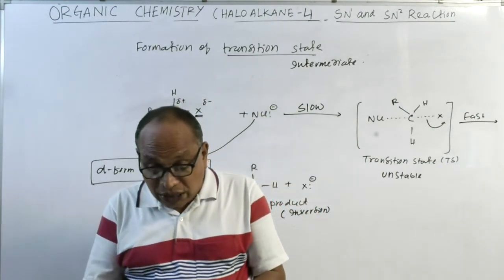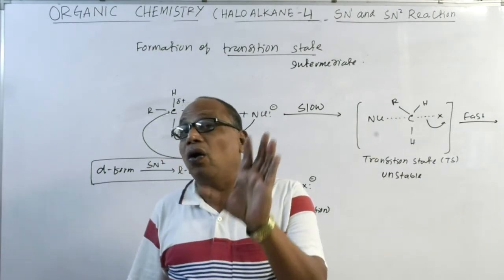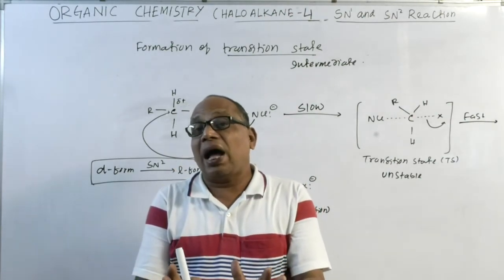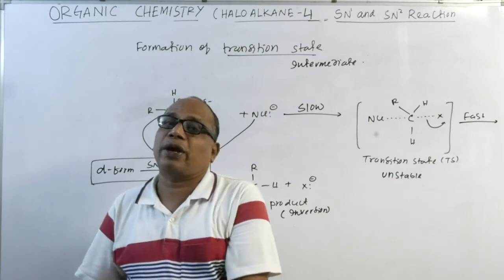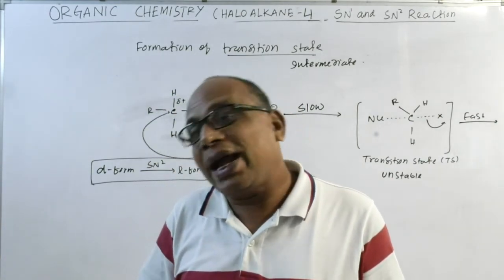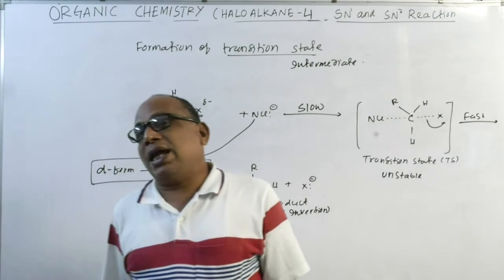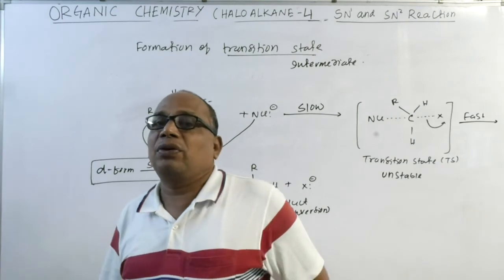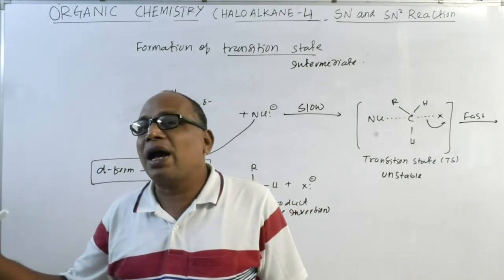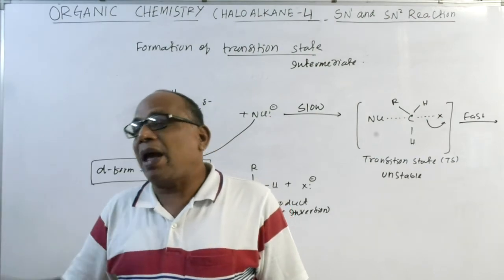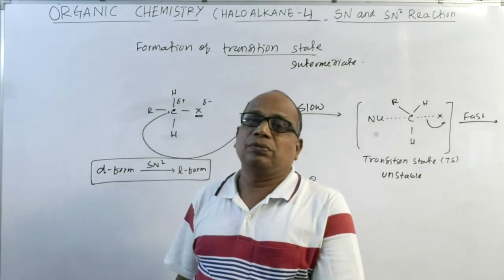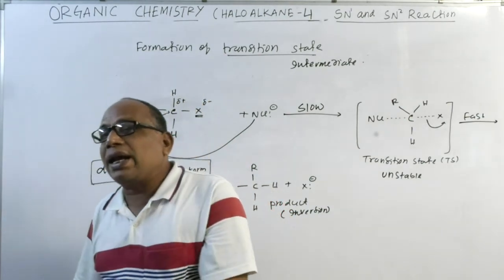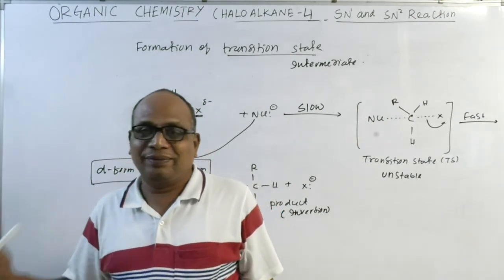Because the tertiary, benzylic or allylic halide undergoes ionization to form a stable carbocation, whereas the primary alkyl halide, on ionization, meaning cleavage of the carbon halogen bond, does not give a stable carbocation. That's why any primary alkyl halide never shows SN1 reaction, it always shows SN2 reaction.